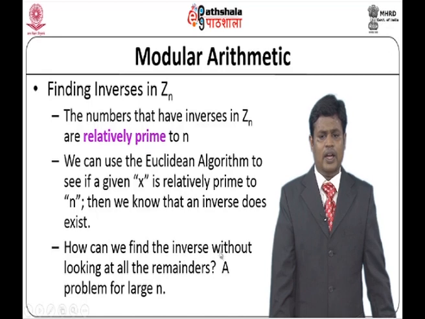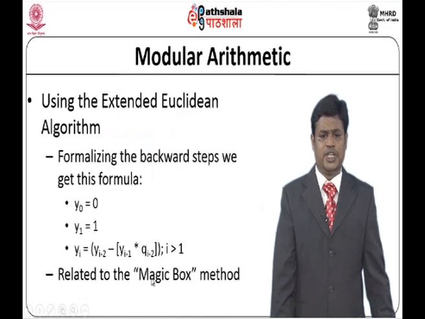How can we find the inverse without looking at all the remainders? Again it is going to be a large problem when the value is a large integer, as I mentioned. For that we have an algorithm called the extended Euclidean algorithm, where we can find the inverse of any particular number.